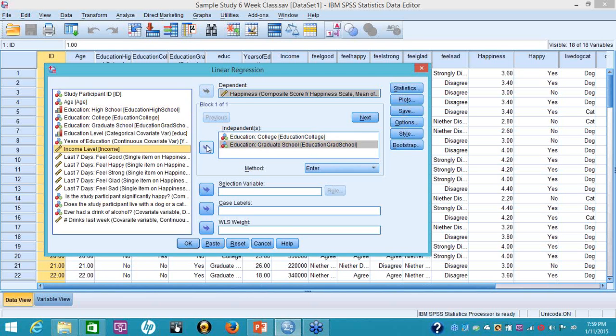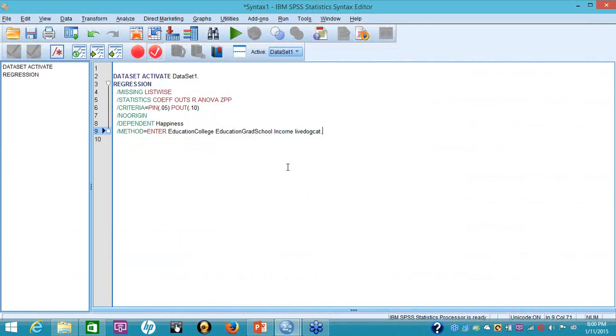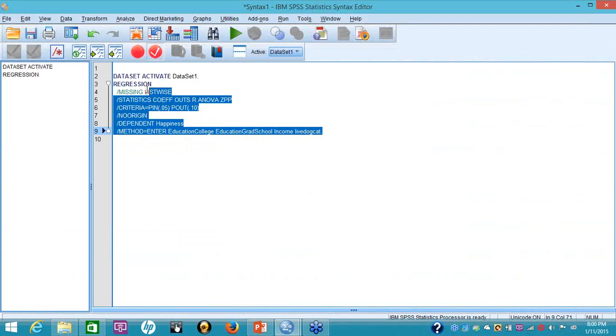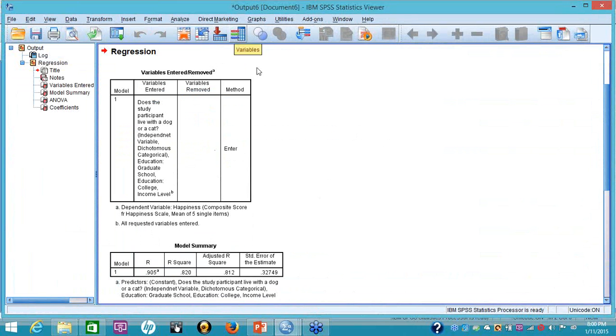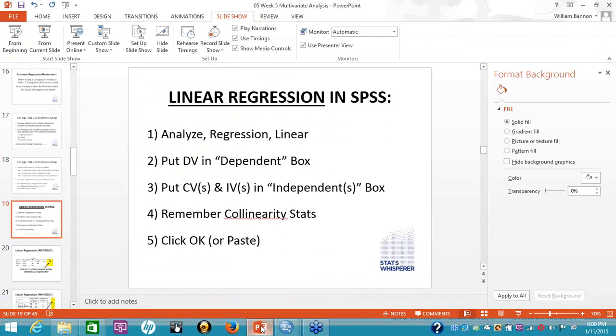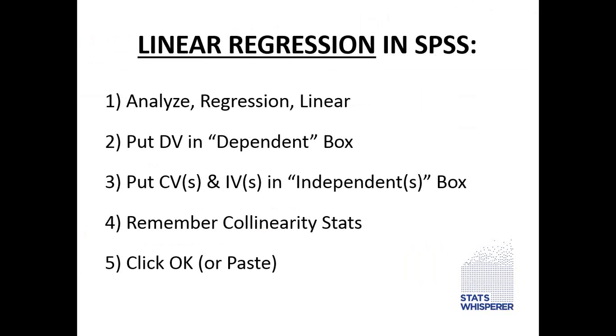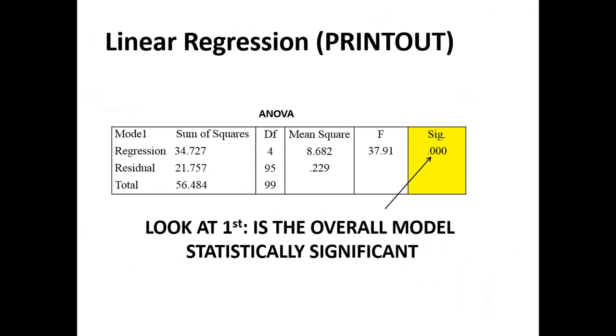We put in income, and we put in living with a dog or a cat. Then we could click it, or we could paste it. Pasting it's nice. Right there we could save our syntax, and we can run it, and then we come up with our output. Let's go back here since we have the output presented.